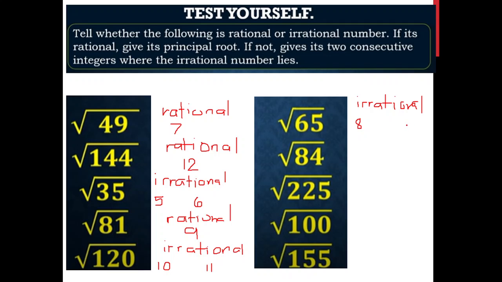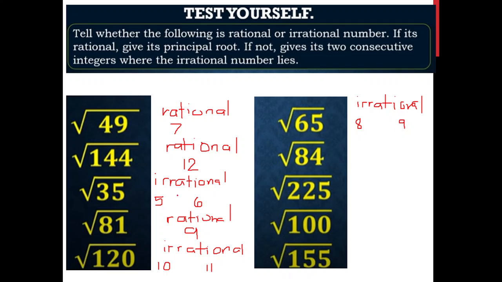That's 9, because 9 times 9 is 81. So 65 is in between 8 times 8, which is 64, and 9 times 9, that is 81. So the square root of 65 lies between 8 and 9.